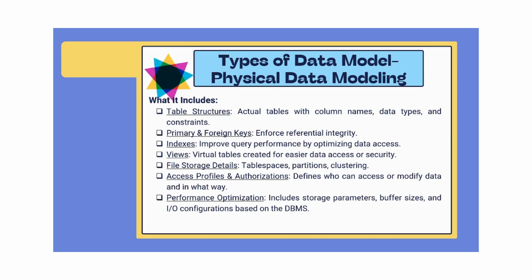File storage details: table spaces, partitions, or clustering. Access profiles and authorization define who can access or modify data and in what way. Performance optimization includes storage parameters, buffer spaces or buffer sizes, and I/O configuration based on the DBMS.